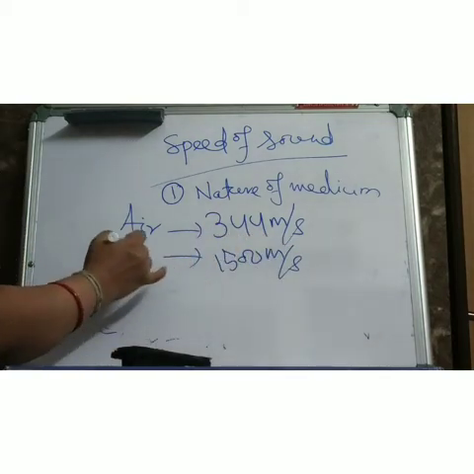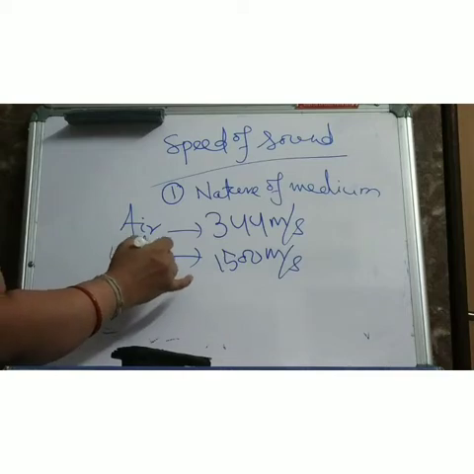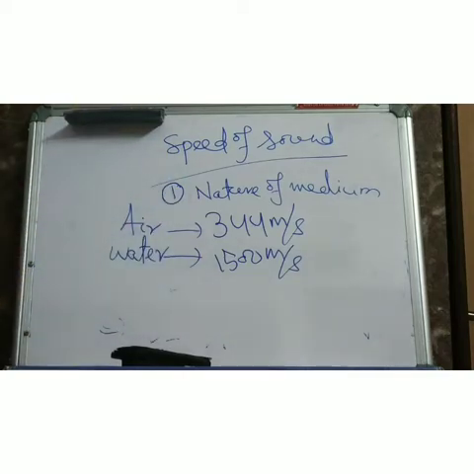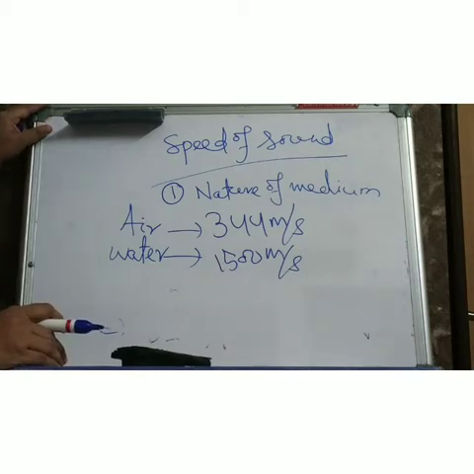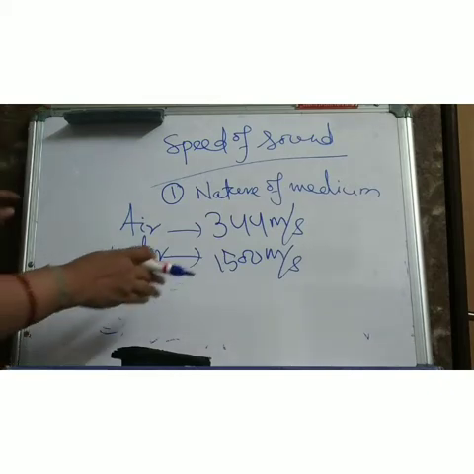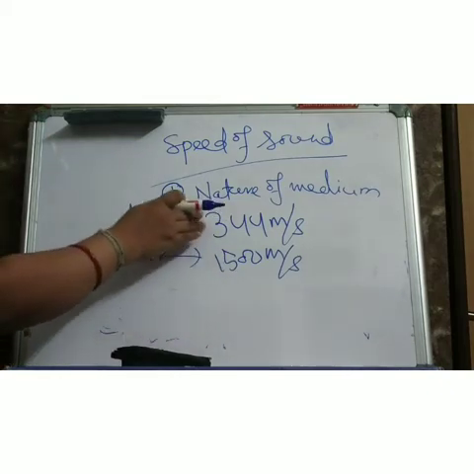This is in water. I think in the first video we have discussed that sound travels faster in solids. I also explained why it travels faster in solids if we compare to gas and liquids. So here also you can get the same feeling.